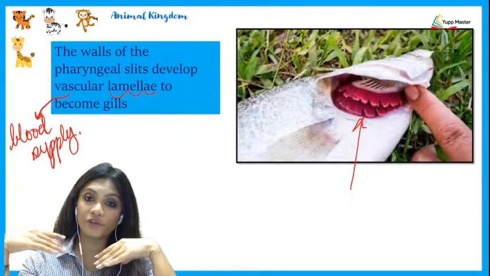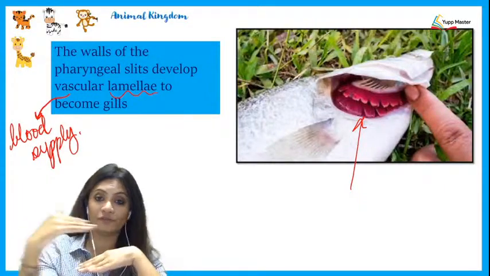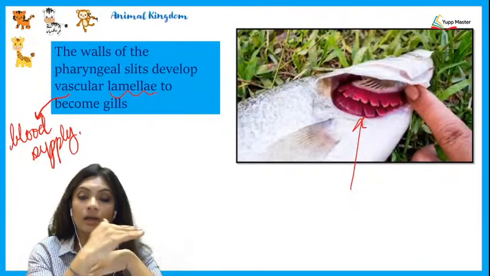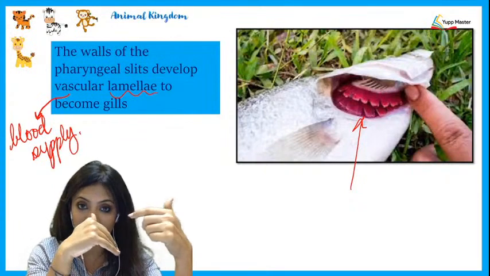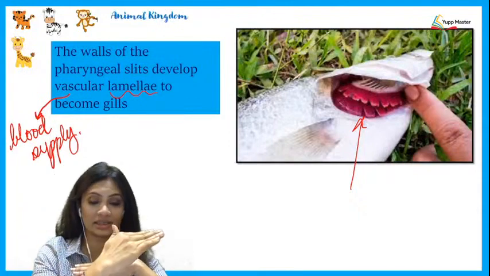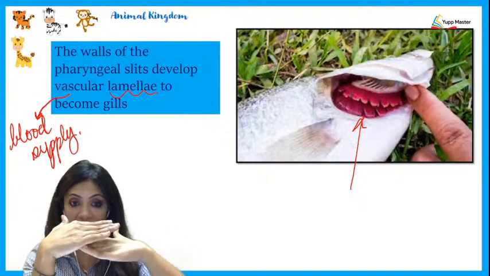If the fish is swimming in the same direction as the water, the blood inside the capillaries flows in the opposite direction.